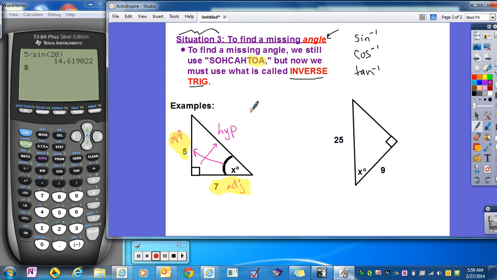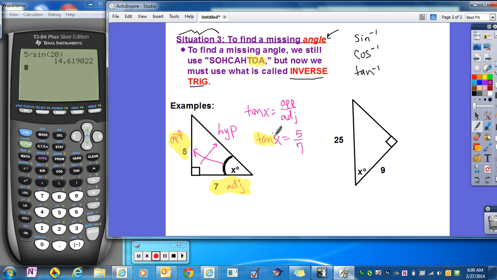All right, so what we know about tangent is that the tangent of this angle x is equal to the opposite over the adjacent. All right, well, in this problem, we have that the tangent of x is equal to the opposite, which is 5, over the adjacent, which is 7. All right, now, in order to solve for x, the way you break up tangent in x is you do the inverse tangent.